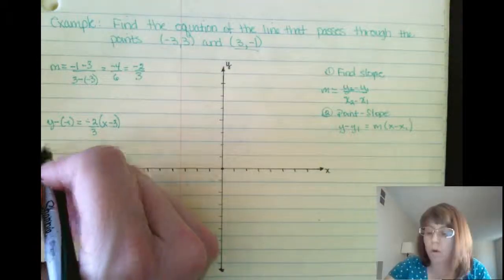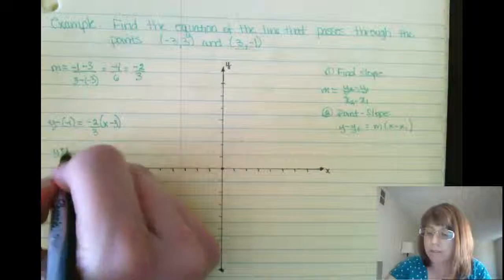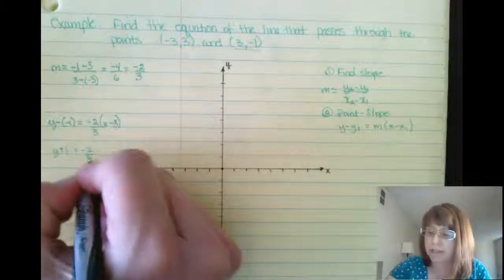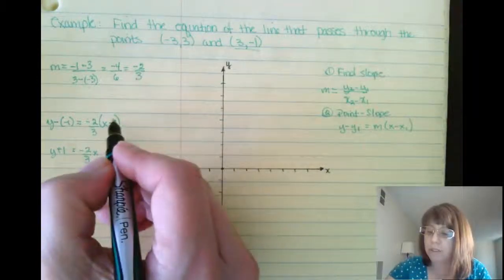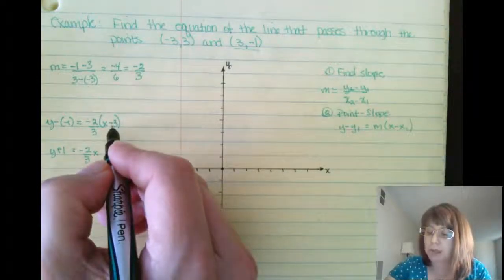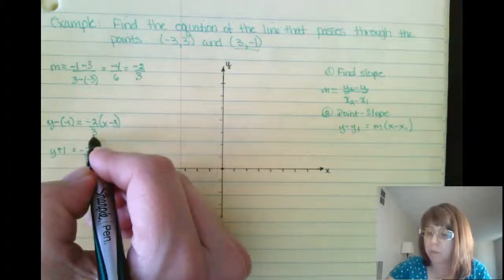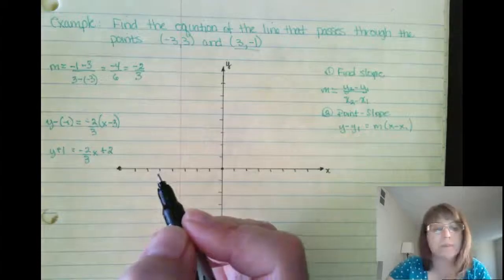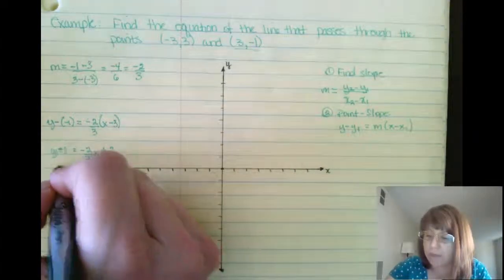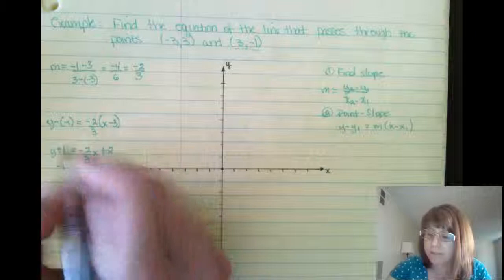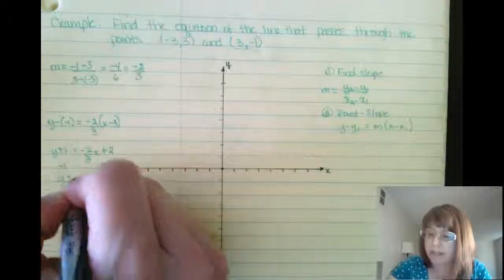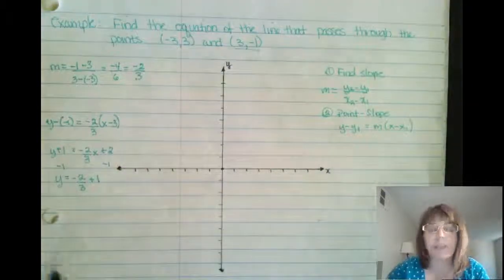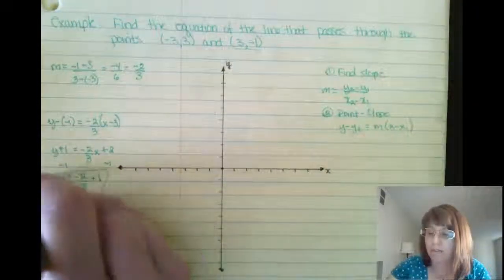Y minus -1 is y plus 1, equals, I'm going to distribute -2/3 x, a -2 times a -3 is +6, divided by 3 is going to be a +2. I'm going to subtract 1 from both sides. Y equals -2/3x plus 1. That's my equation of my line.